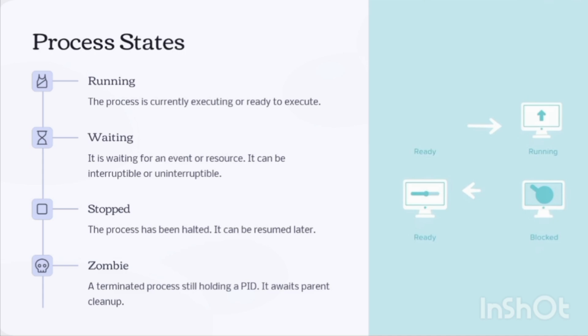Stop state: process halted by user or signal, can be resumed, just like when we press Ctrl+C and any process running in our system stops immediately. Zombie state: has completed but still has a PID because the parent has not cleaned it up yet.